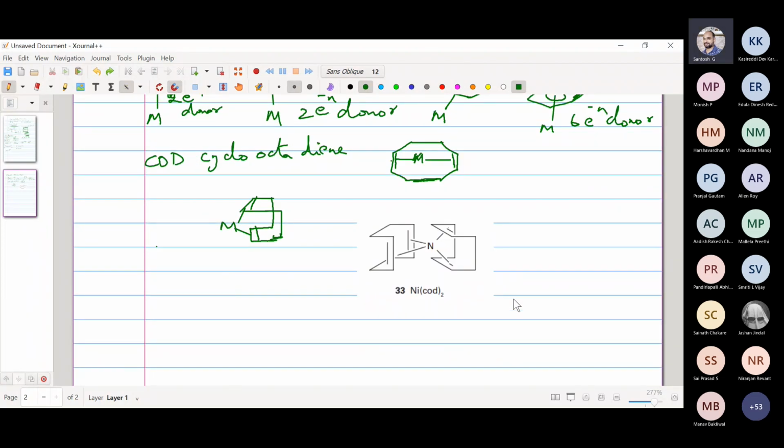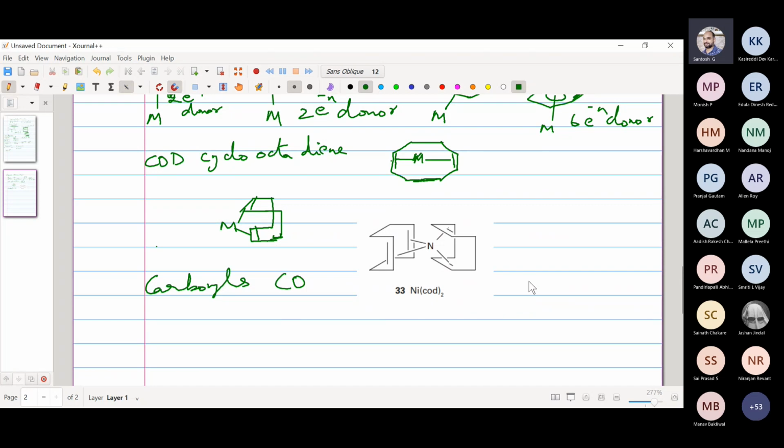Now I'm going to come to one more special category called carbonyls, which I talked about in the last class. This is a very simple molecule, just carbon monoxide. Carbon monoxide can also bind to the metal.